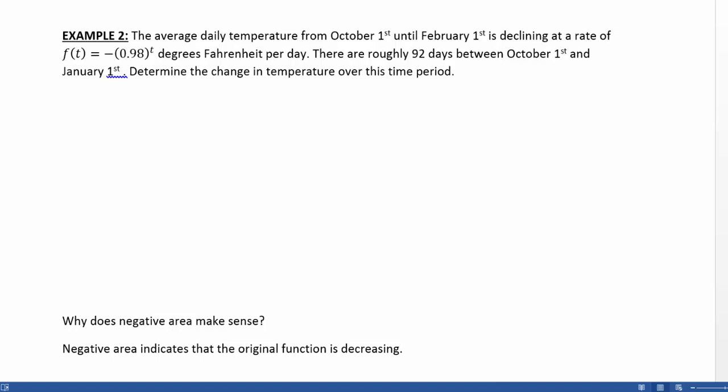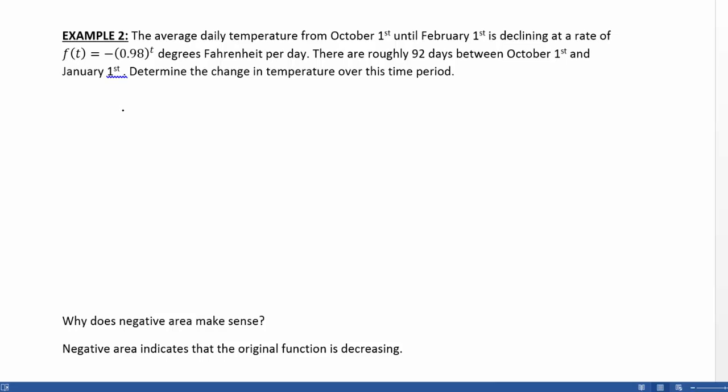So remember, what we're given is the rate at which our temperature is changing, and that is in degrees Fahrenheit per day, which means that our independent variable has to be in days. So when we talk about what's happening over 92 days, we're talking about what's happening from day 0 to day 92.